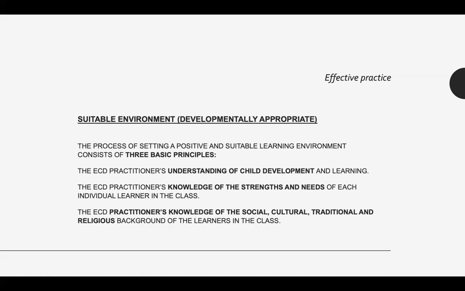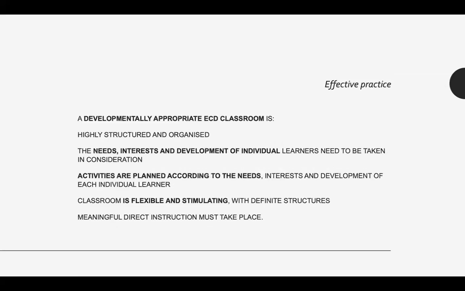Number three, you need to understand social, cultural, and traditional and religious backgrounds for each of the children in your class. All right, so there's three things you need. Understand what child development is, what are the strengths and needs, and what is the social, cultural, and religious background of each of your children. Okay, that's just to have an ECD center that's successful, that is what you need.